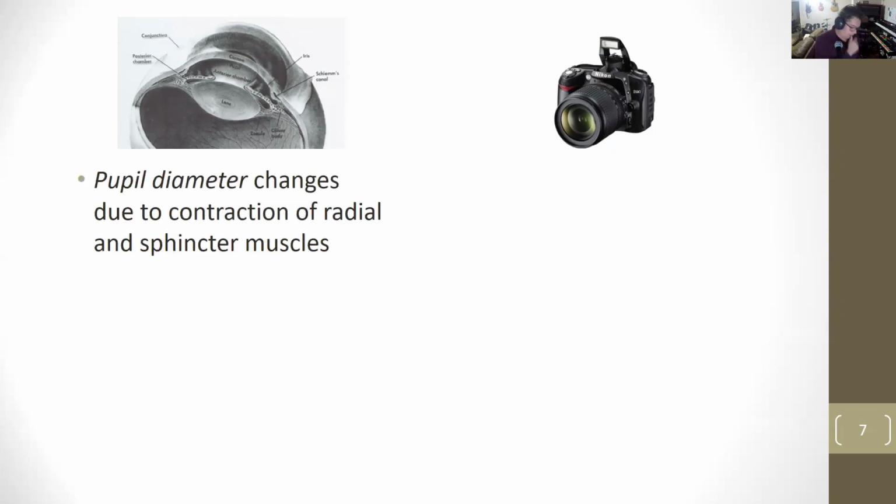All right. So there are 2 basic functions of the eye that very much relate to how you get a clear image with a camera. The first is, how much light do we let into the eye? That is controlled by the pupil diameter, how dilated or constricted the pupil is. Many things affect pupil diameter, but most prominently it's the amount of light in the environment, and how much you are trying to see with that given amount of light.